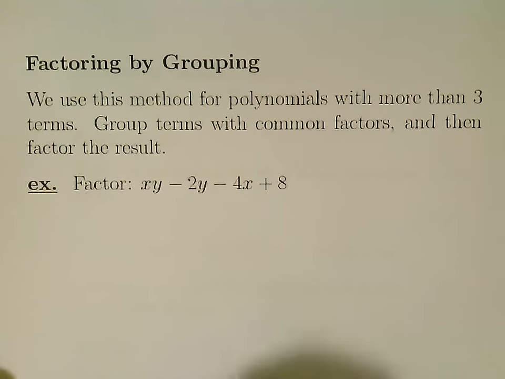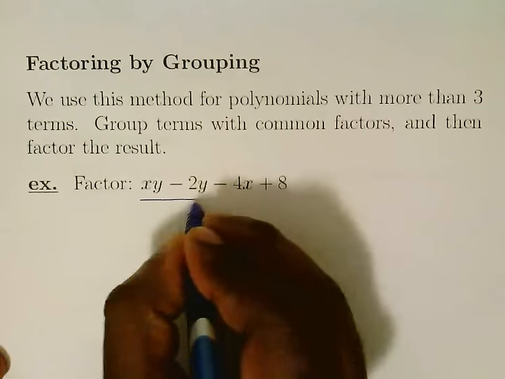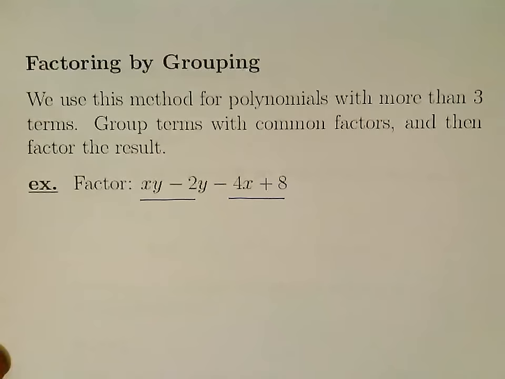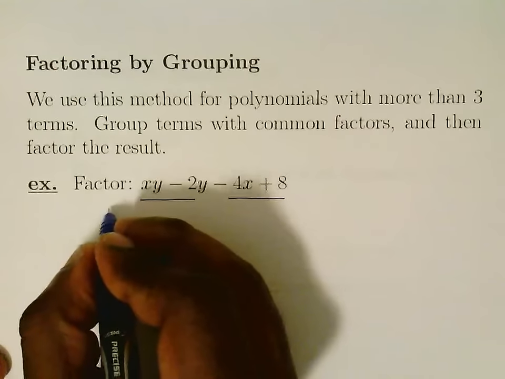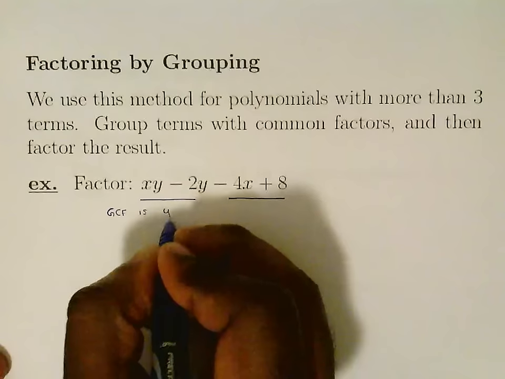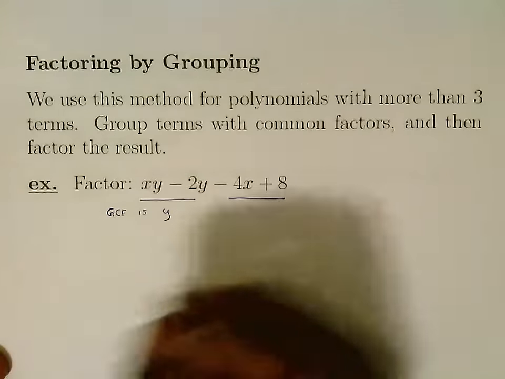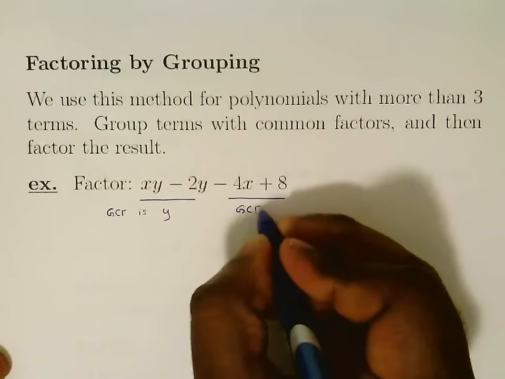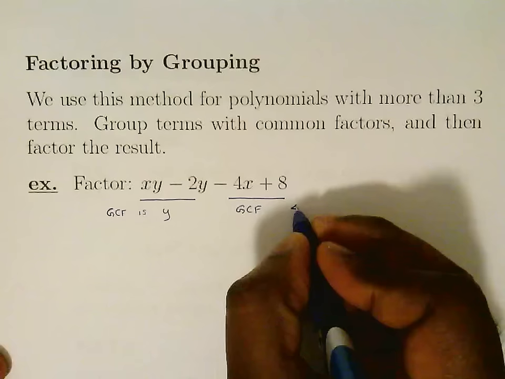So remember what I did here. You group the terms and look at common factors of each of these terms. Now here you can see the common factor is y, and here you can see the common factor is 4.